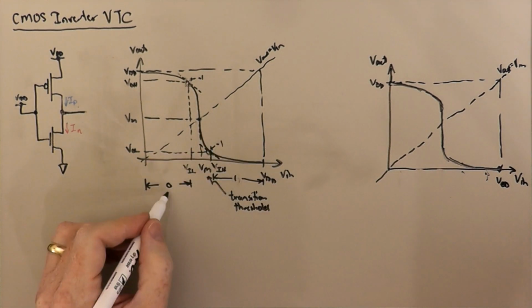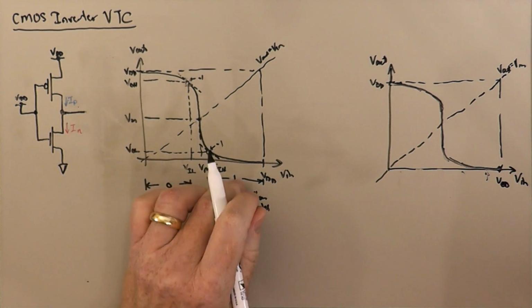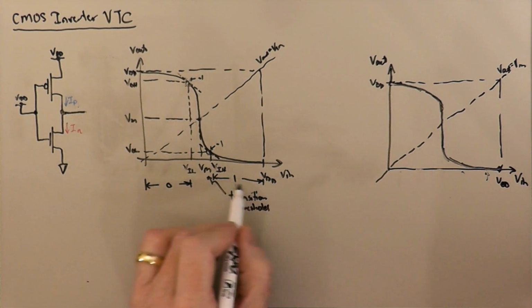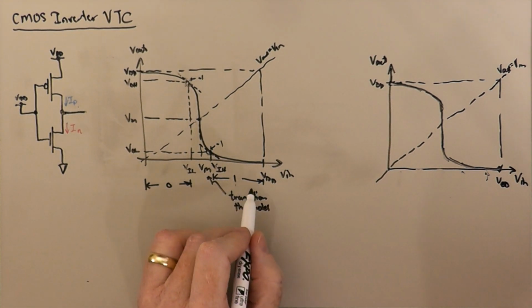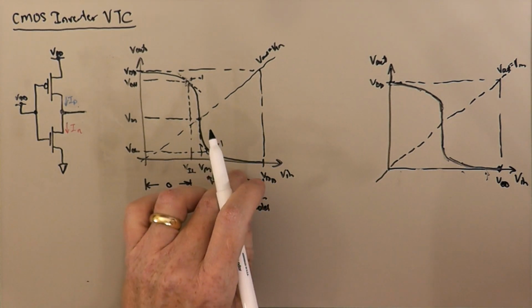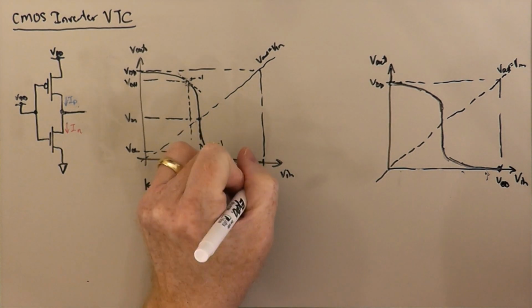So logic low, logic high. So anything in this range is considered a reasonable logic low. Anything in this range is considered a reasonable logic 1. And so the question is why? Why is that a reasonable thing to do?